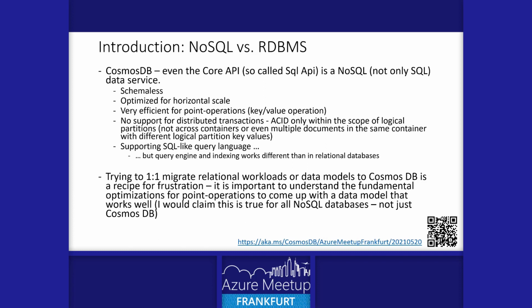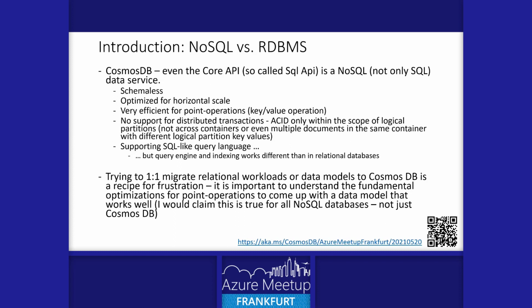For example, distributed transactions across tables are something that most NoSQL databases intentionally don't support or have very limited support for, because NoSQL databases have been built and designed to support massive scale, and distributed transactions hinder massive scale.